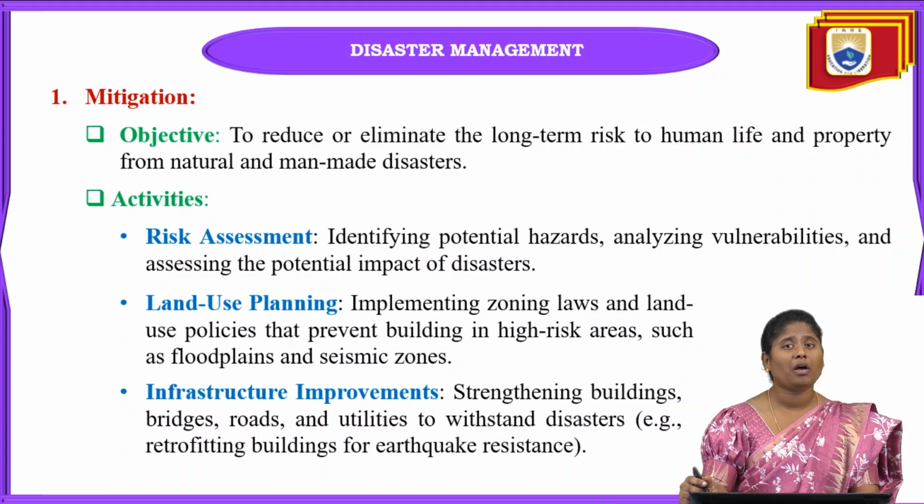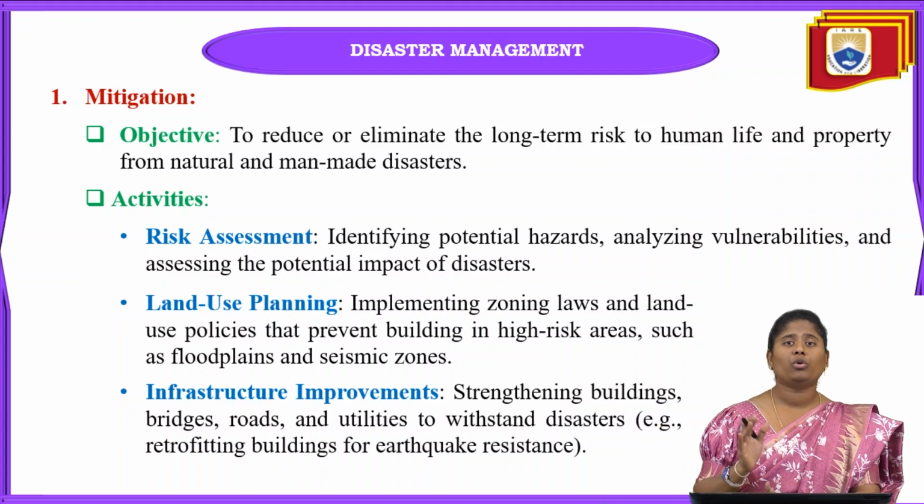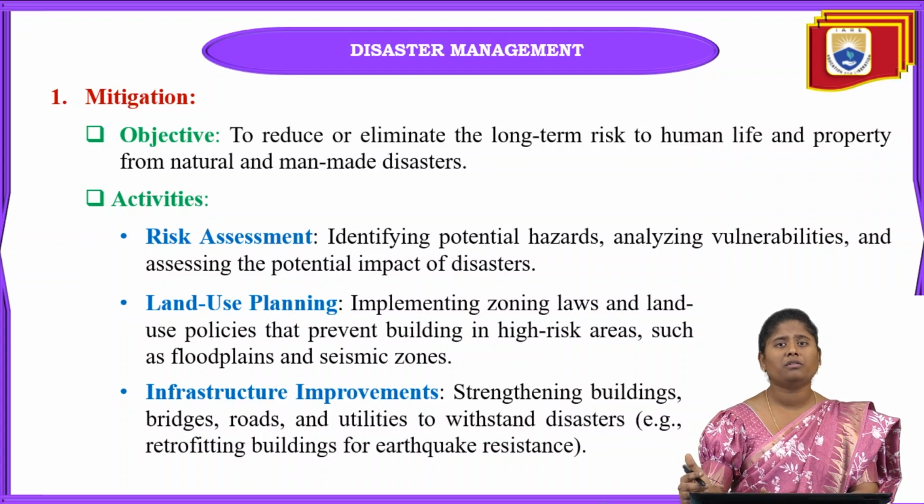We have to analyze the vulnerabilities, from where the disaster can happen, and also assess the potential impact of the disaster. We have to assess the overall impact of the disaster here. Why? Because risk assessment is very much needed when we are going to mitigate the disaster.